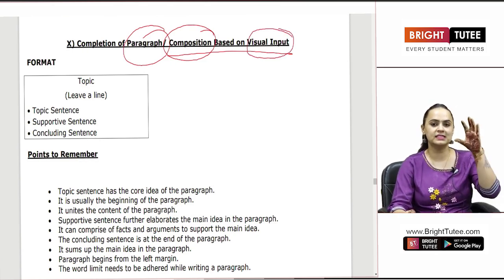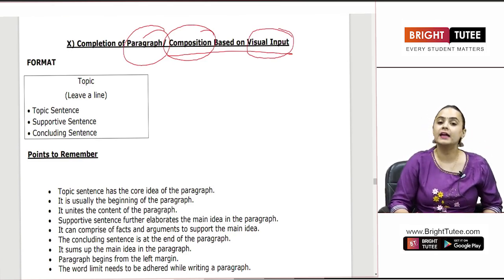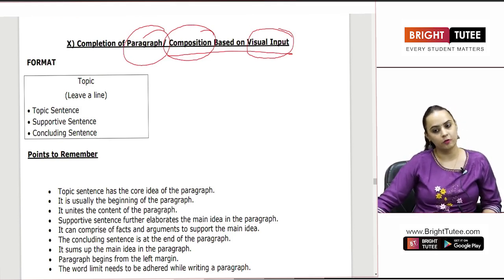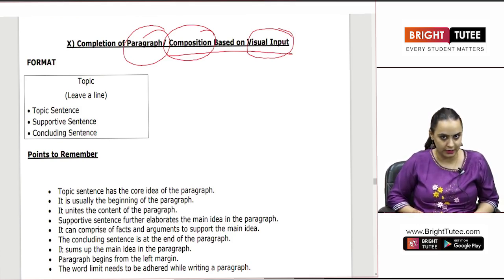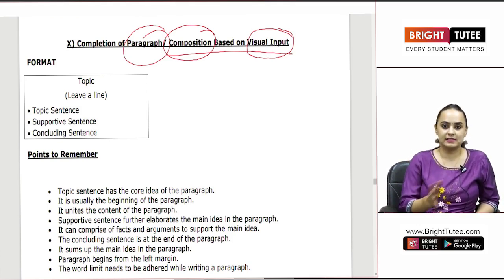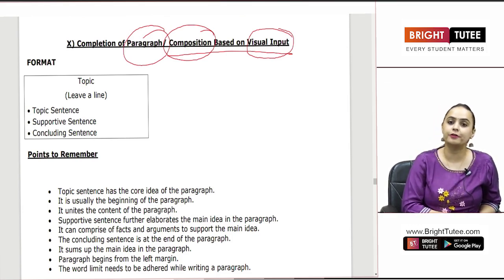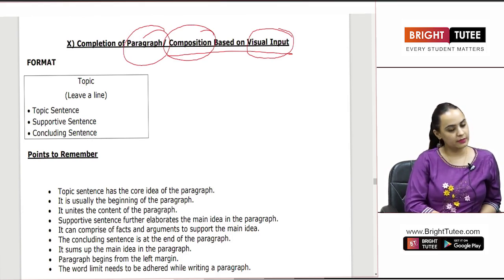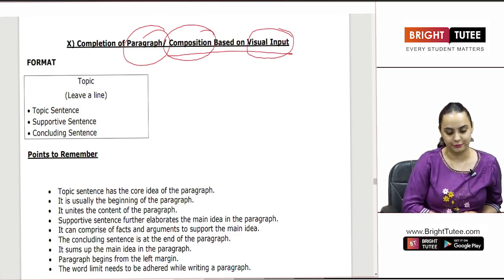Visual input means some picture, some sketch might be given to you, and you will have to explain that in the form of a composition, which is nothing but a paragraph only. So more or less they are the same things. The format of writing a paragraph or a composition remains the same. So let us begin with the format of a paragraph.